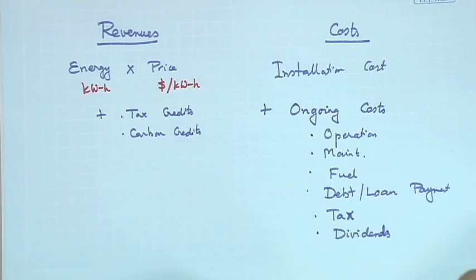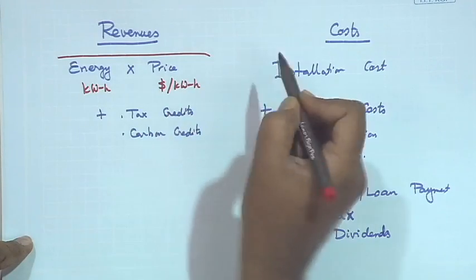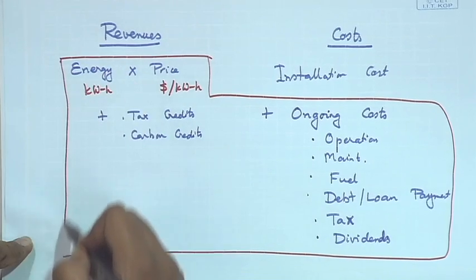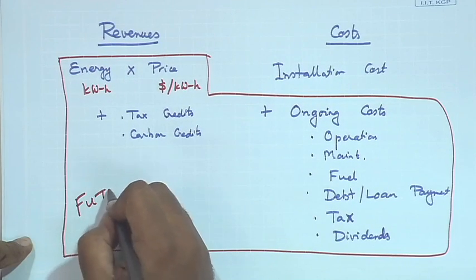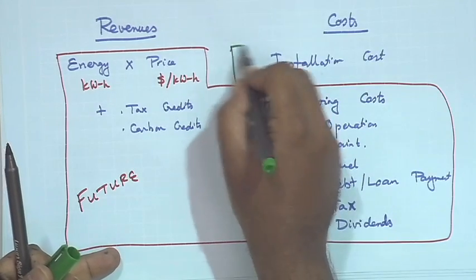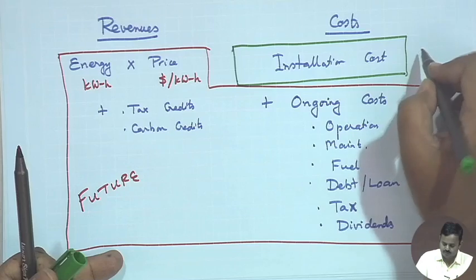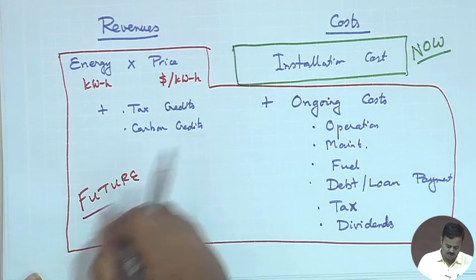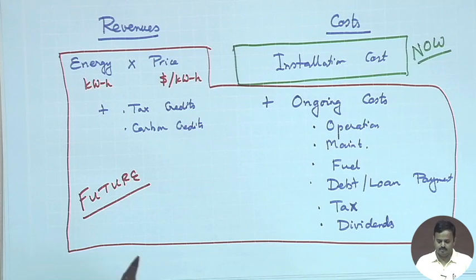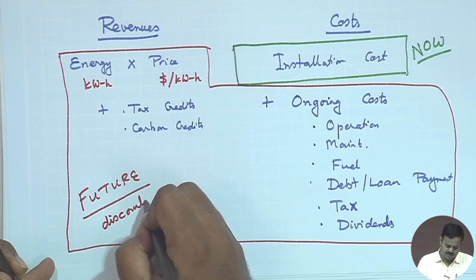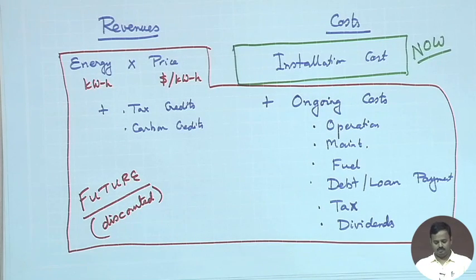Now, look at this. All this is for the future, and if you look at this, this is now or present, this is future. So, if this is future, this has to be discounted, right, the net present value method.